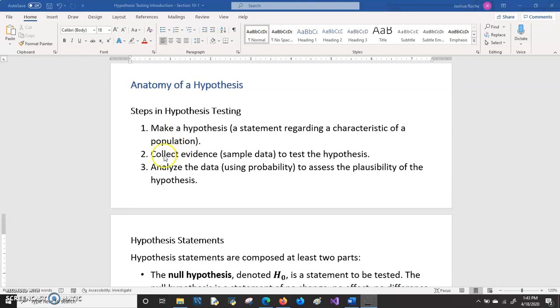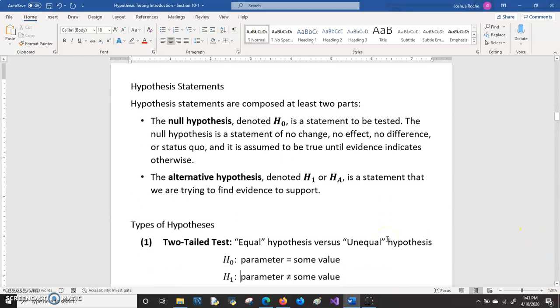The second step is to collect the evidence, do your calculations, and then use that evidence to test your hypothesis. And then the third step is to analyze your data and use probability to assess whether that evidence supports your hypothesis or not.